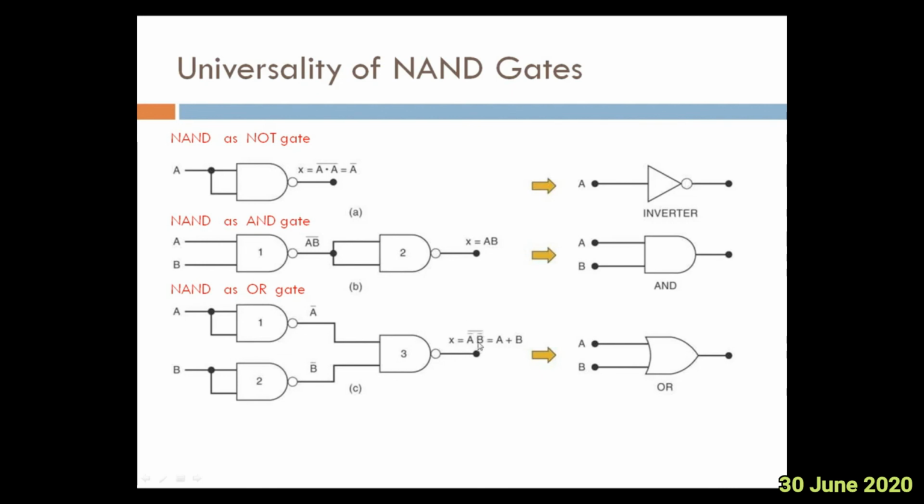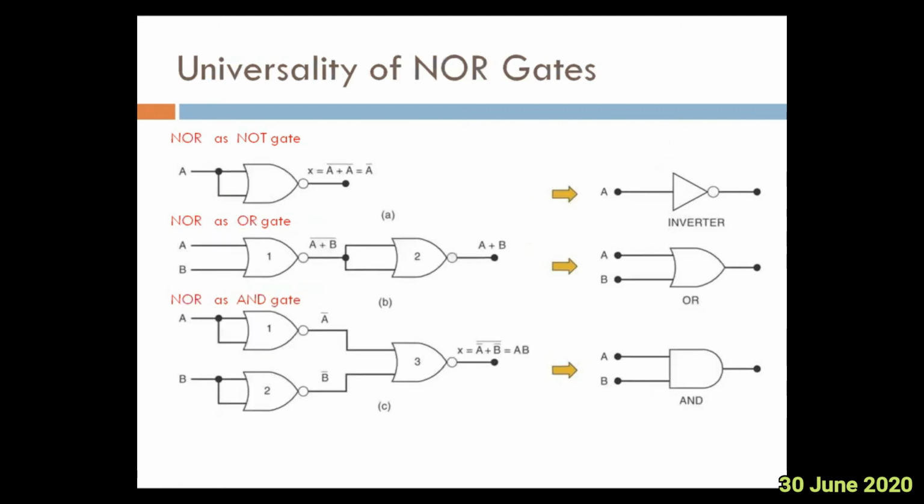If I apply De Morgan's theorems here, A bar of bar plus B bar of bar. A bar of bar is A, B bar of bar is B, A plus B, that is nothing but our OR gate. Once again, NAND is represented as NOT, NAND is represented as AND, NAND is represented as OR. Hence, using the NAND gate, we can implement the basic gates. That's why the NAND gate is also called a universal gate.